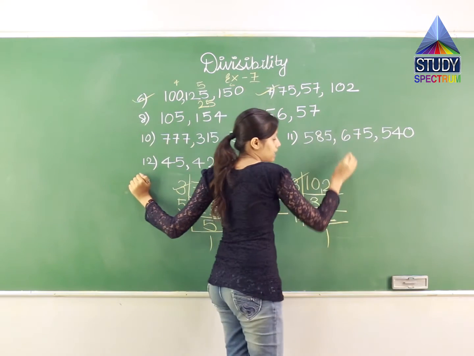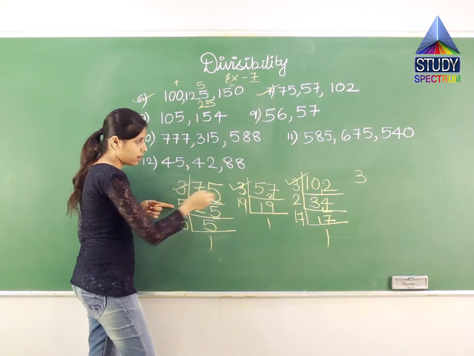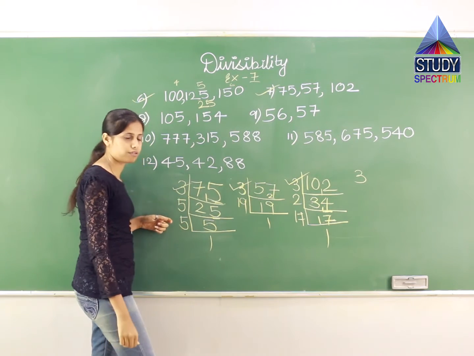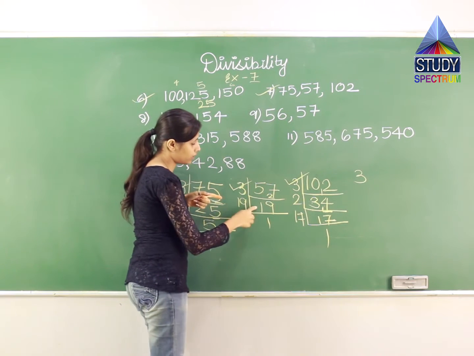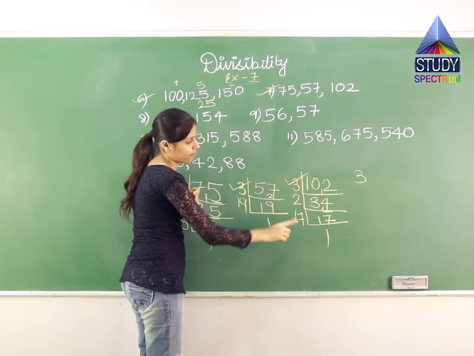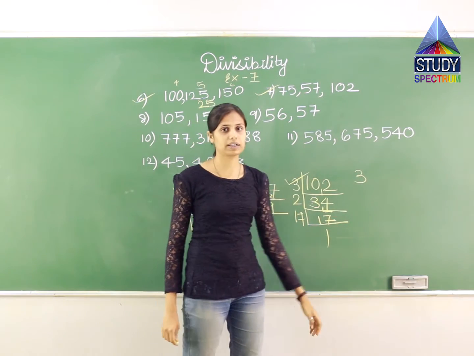So yes, one of the common factors is 3. I have 5 over here, but I don't have 5 anywhere else. Then over here, I have 3 and 19. I don't have 19 anywhere, right? So I can say that only 3 is the common divisor.